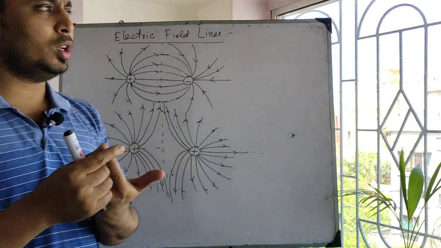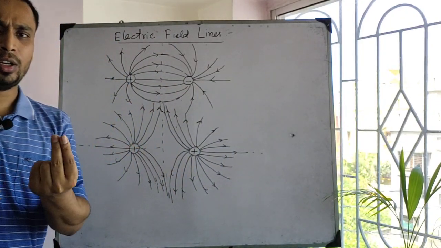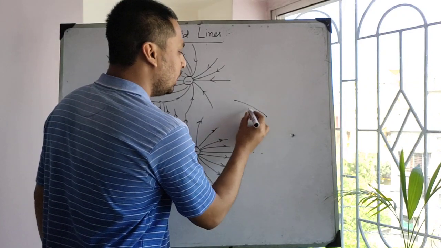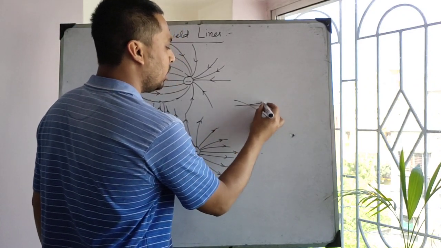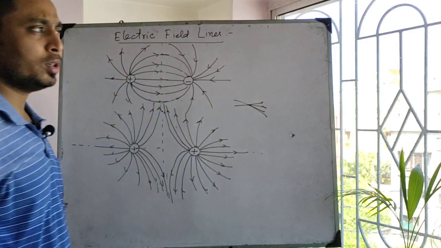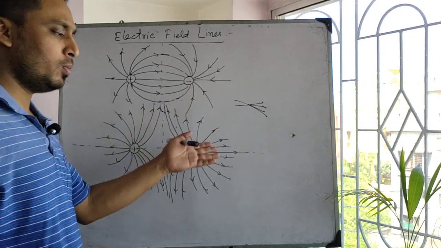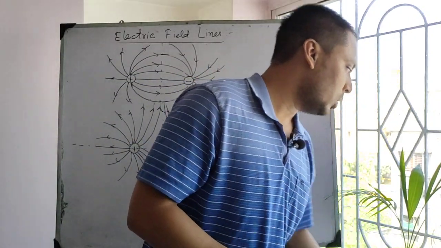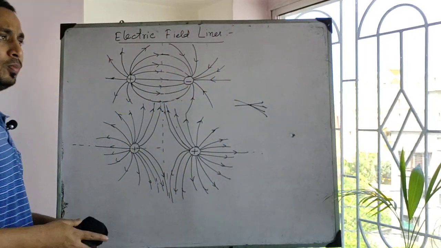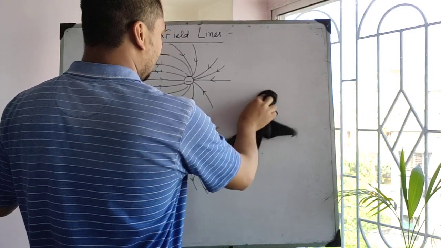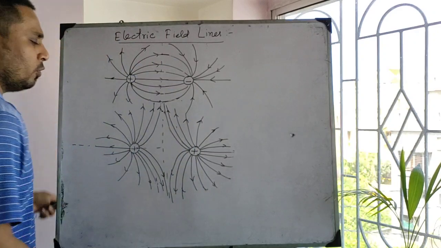That is, it has only one direction and its magnitude is also fixed. Okay, so if two field lines intersect at any point, then we can draw two tangents at the intersection point, and it will represent two directions of the electric field at the same point. So it is not possible to get the intersection of two field lines. Okay.